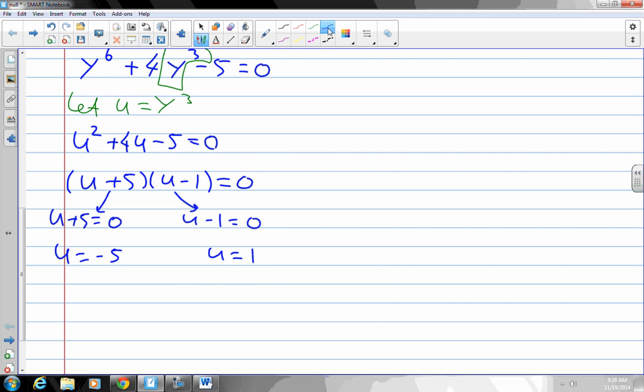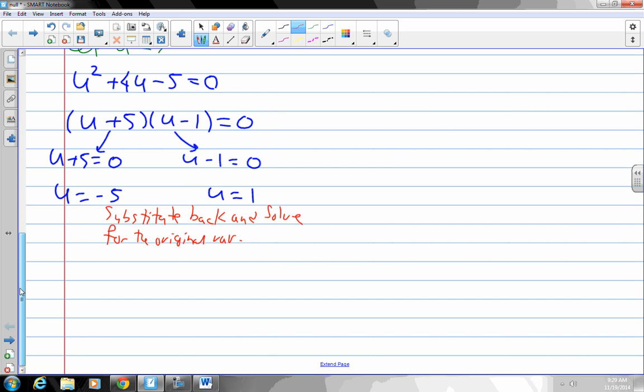Now the original equation was in terms of y. So I have to find y. Well, here I'm going to substitute back and solve for the original variable. So u was y cubed, so that means y cubed equals negative 5, and y cubed equals 1.